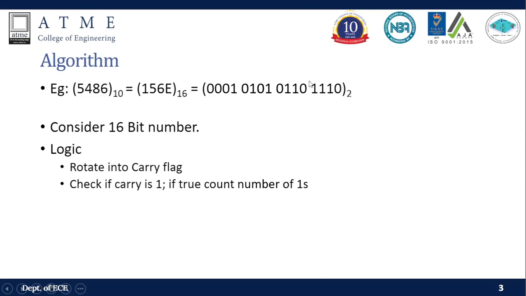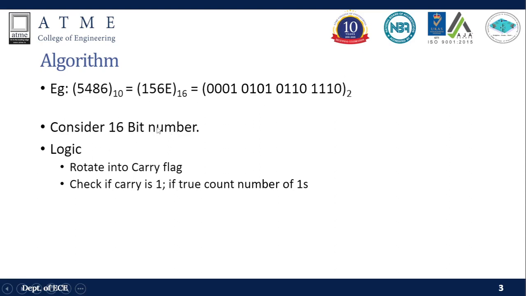So in order to count the total number of ones and zeros in this particular number, we are going to have to rotate this value into the carry flag 16 times. So after 16 complete rotations into the carry, we will be able to tell exactly how many zeros and how many ones are there in this number.